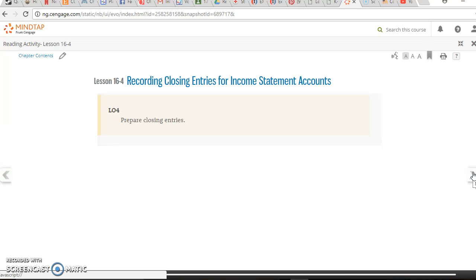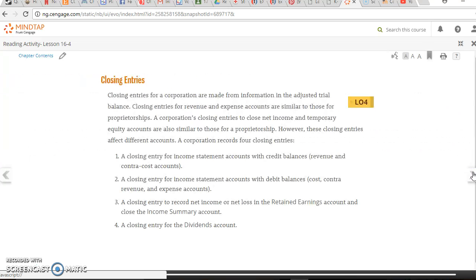So they tell you to close in the order of: close your income statement credit accounts, which are your revenue and any other credit balances that you have in your income statement. Then you close your income statement debit columns, which are your expenses and anything else that's in the debit column in the income statement.